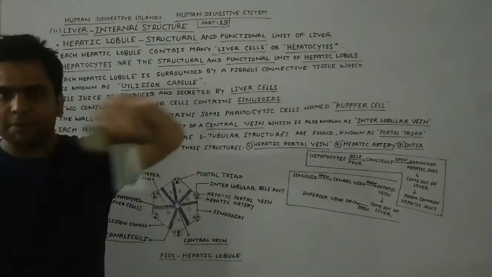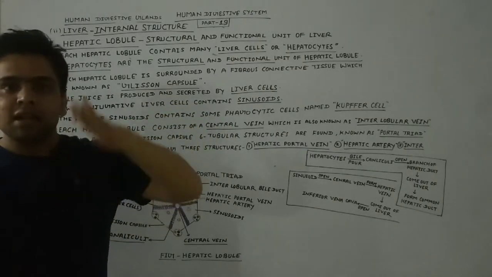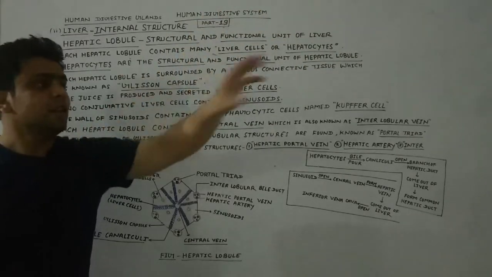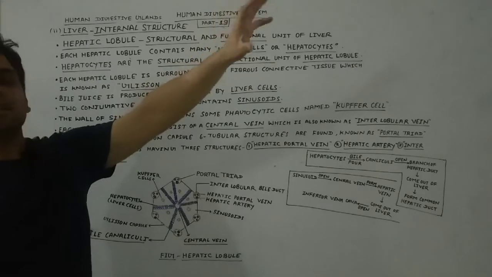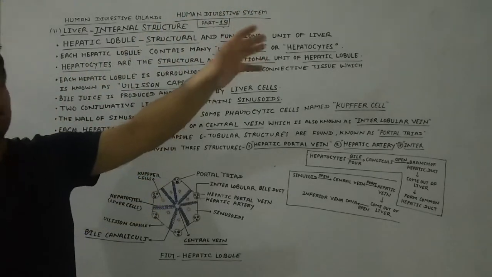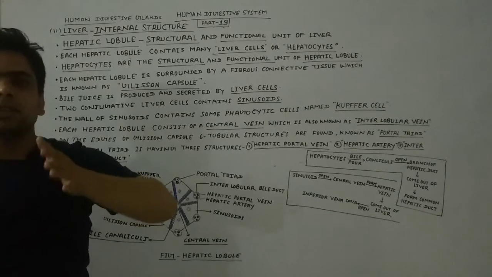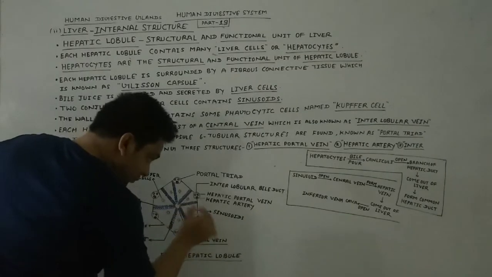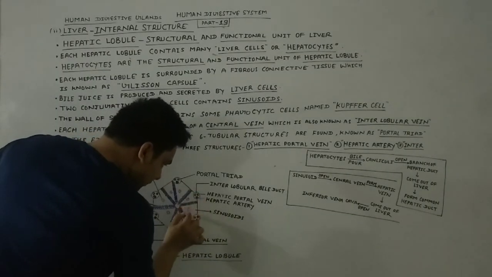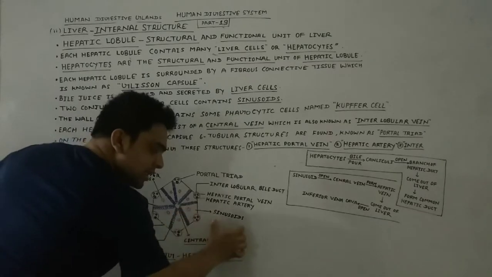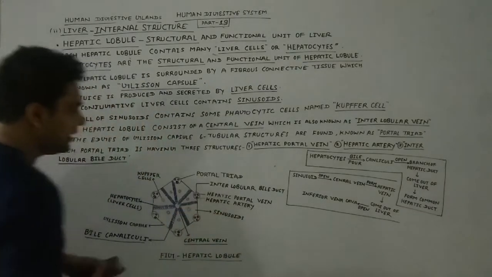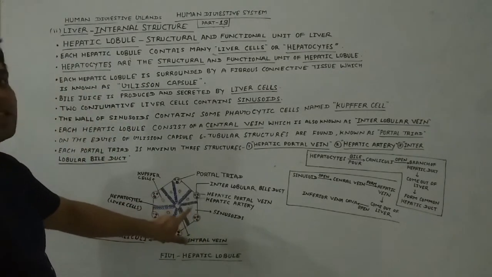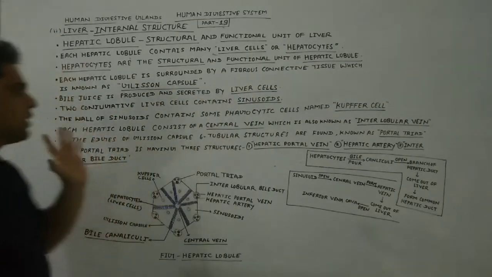For example, this is the empty space of this room, and these are the walls that are a mix of many types of bricks, cement, etc. So these Kupffer cells are found in the wall of the sinusoids. In simple words, we can say these walls of the sinusoids contain these special cells known as Kupffer cells. Clear students, come to the next point.